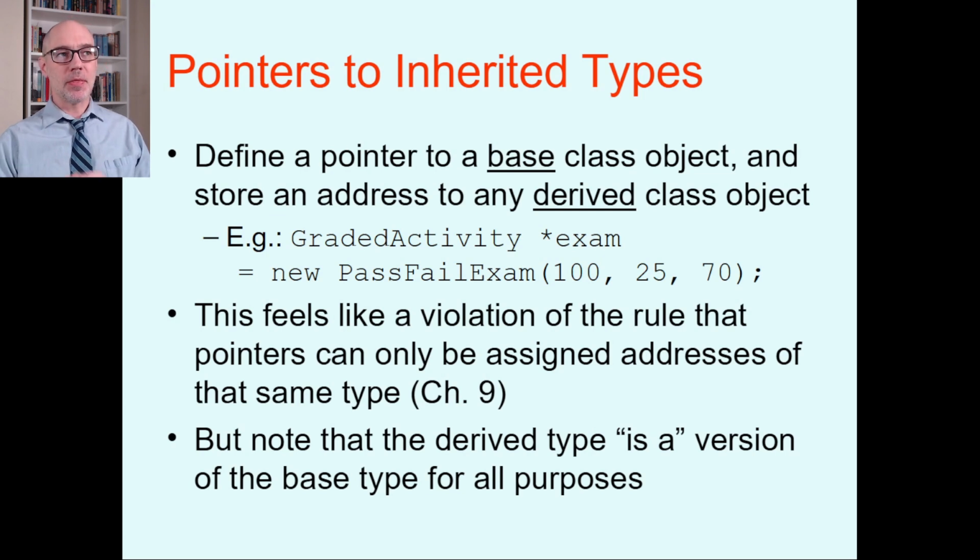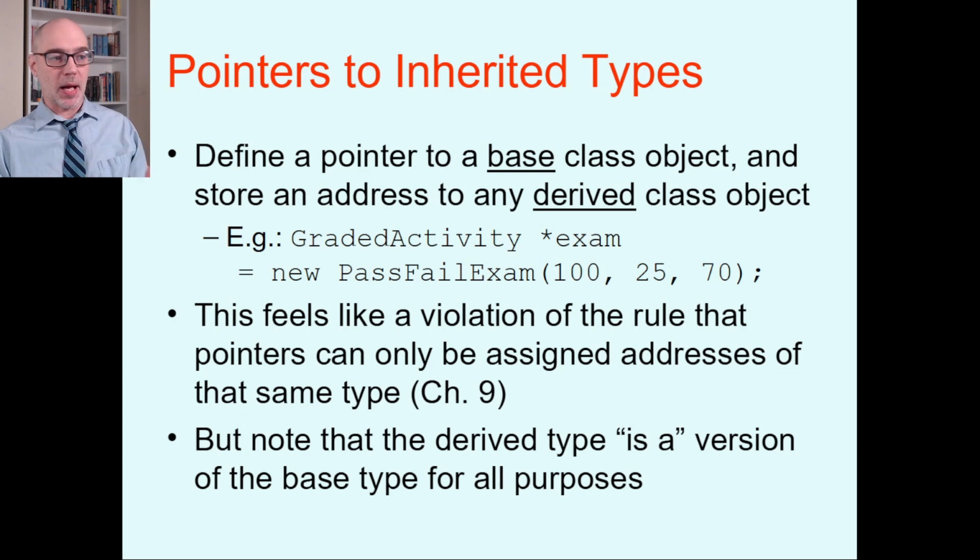Okay, so once you realize that that's permissible, we have a way of having one type of pointer that could possibly refer to a bunch of different object types. So if I'm an application programmer working in a function and I get a graded activity pointer or reference, that could actually hold the address of a graded activity, a pass-fail activity, a pass-fail exam like this example, or a final exam.